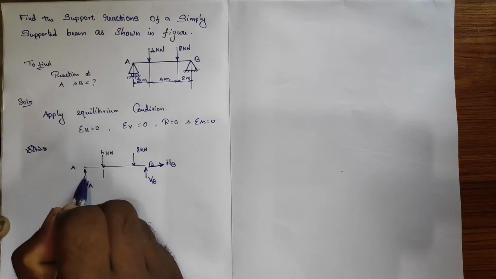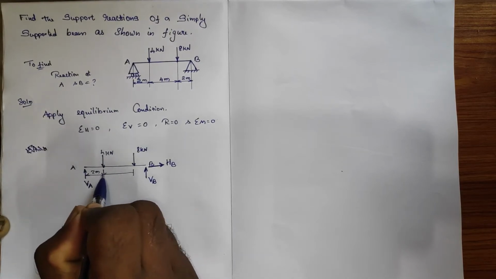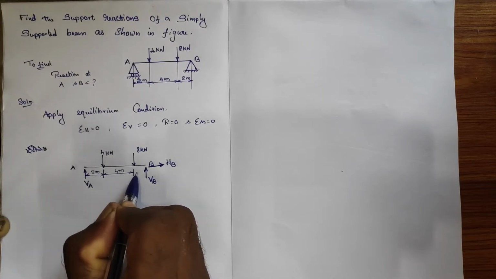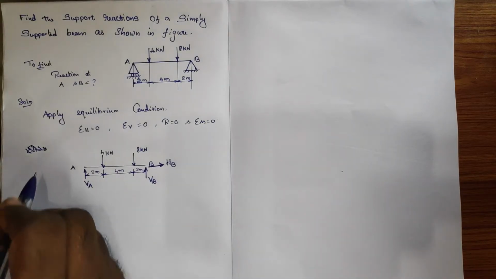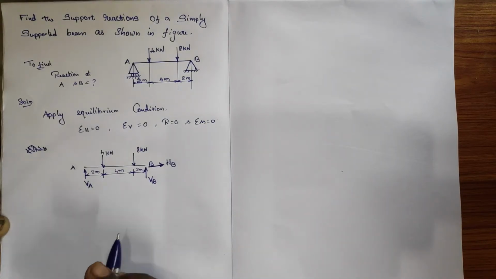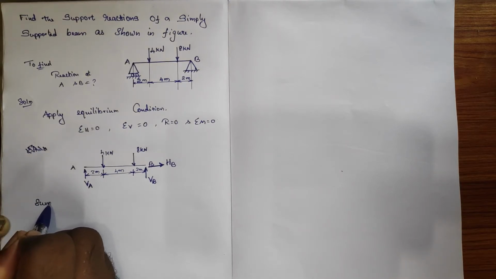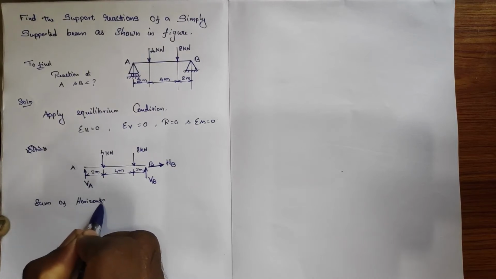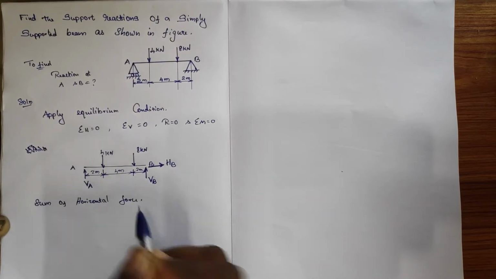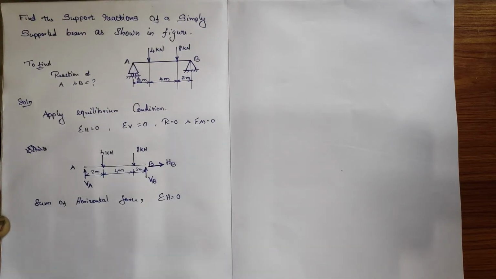The measurements are given: this is 2 meter, this is 4 meter, and this is 2 meter. Now we can apply the sum of horizontal forces equal to 0, the equilibrium condition.